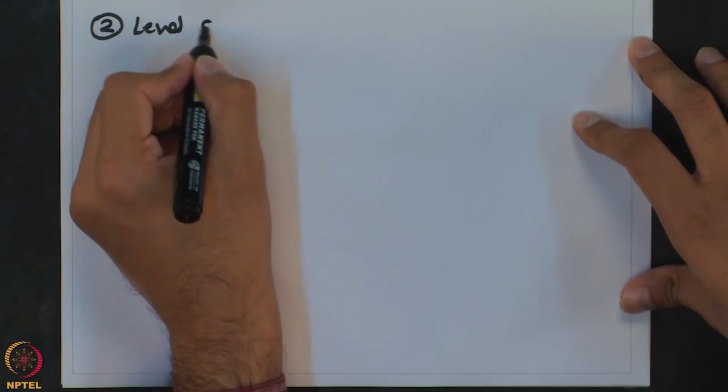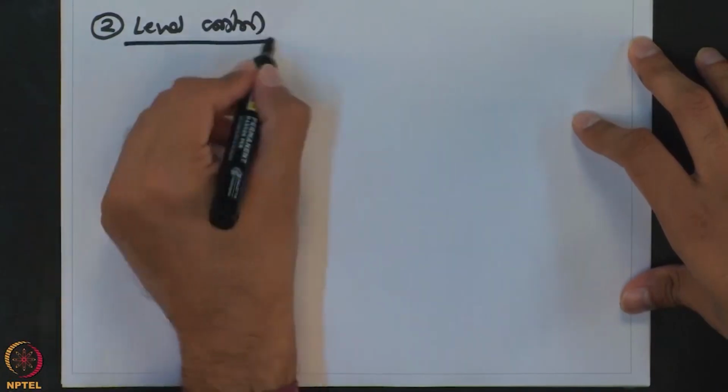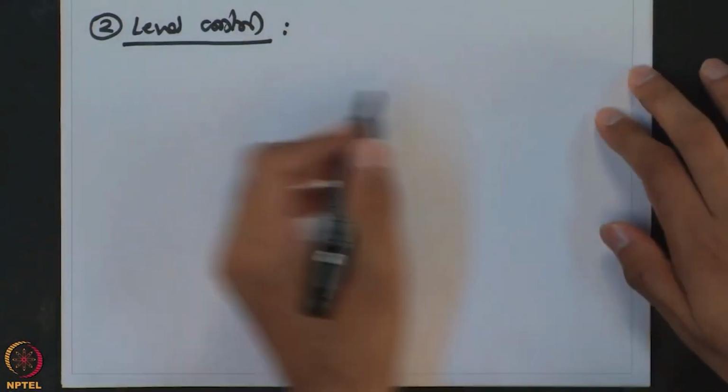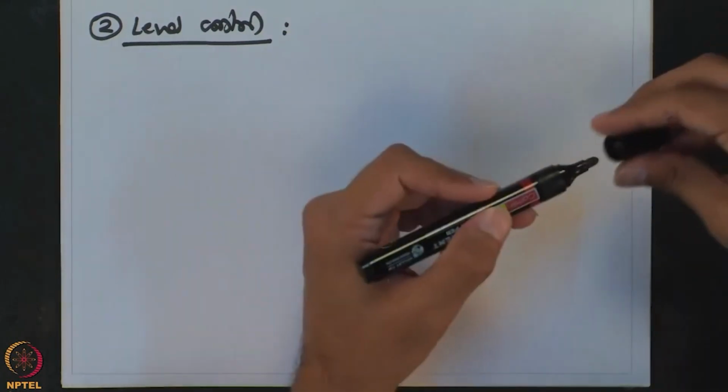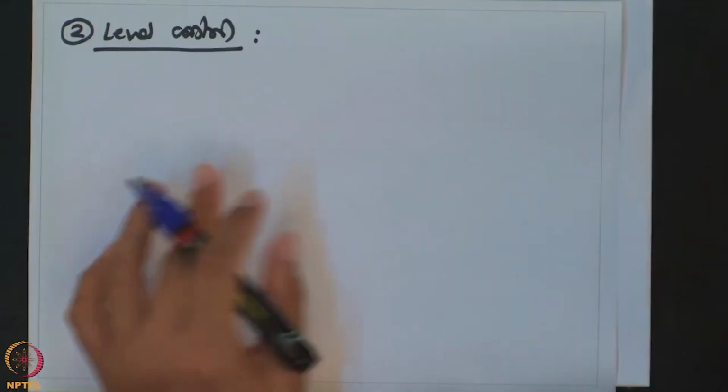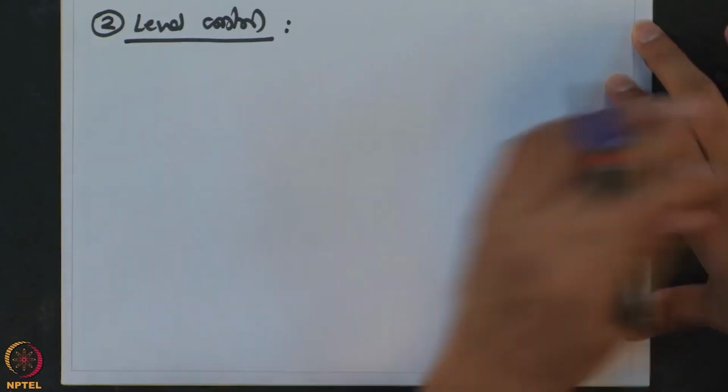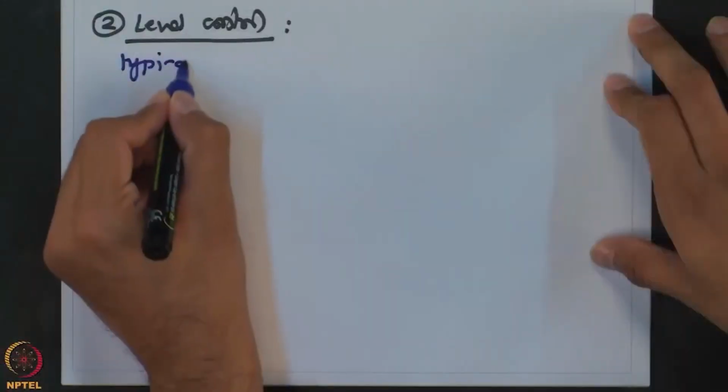Let us now look at level control. Level control is typically, as you recall the example of the flash vessel, in this case we had implemented the level controller not as a primary control objective, but typically it is a secondary control objective.